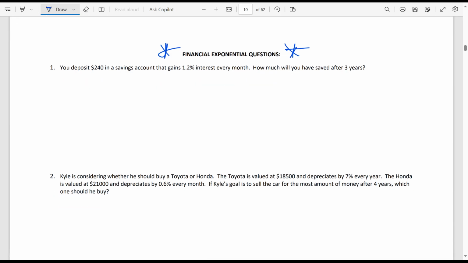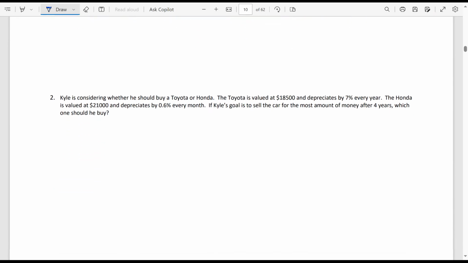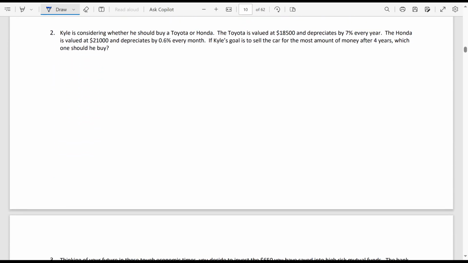Now, just to skip into some financial questions here, this one is easily my favorite in terms of understanding the differences and complexities. So Kyle is deciding whether he wants a Toyota or a Honda. So I make two different parts of this.